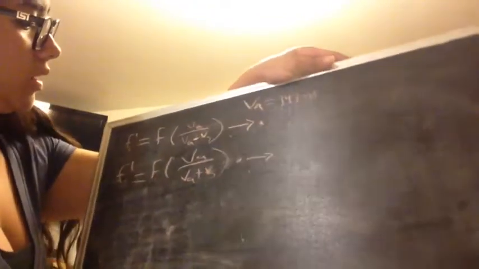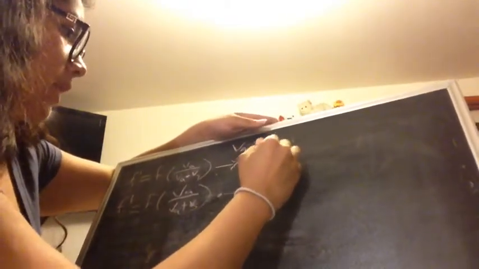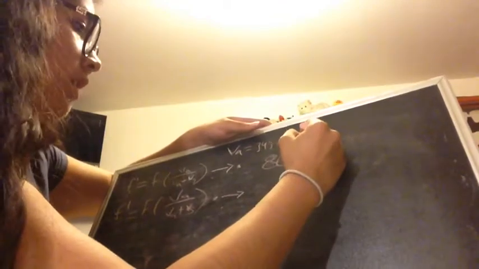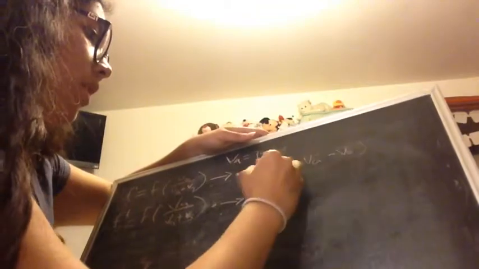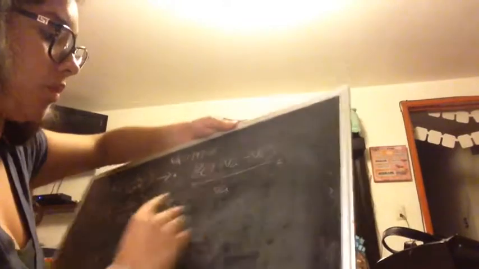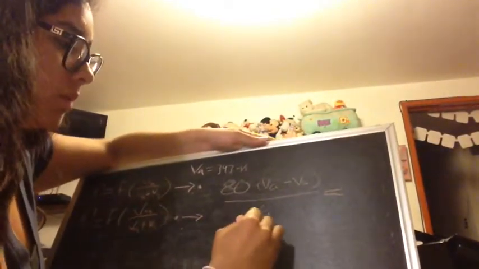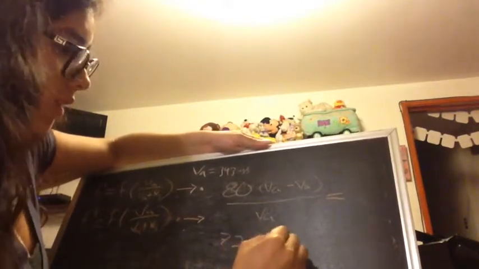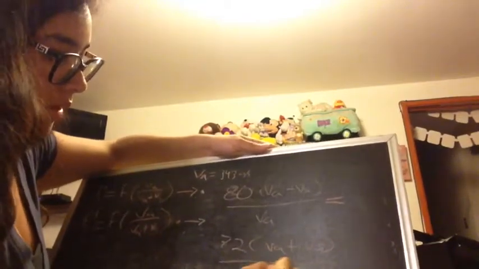So if we evaluate, we have 80 times (VA minus VS) over VA equals 72 times (VA plus VS) over VA.